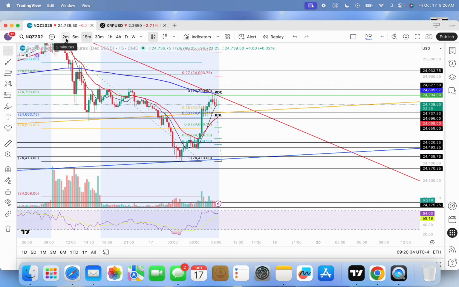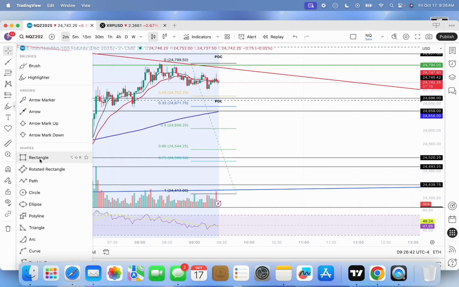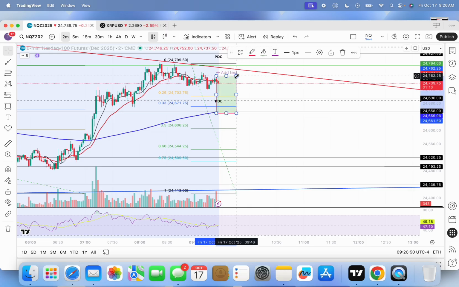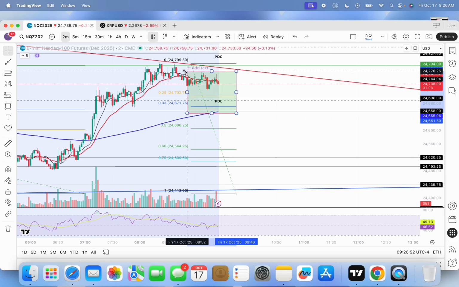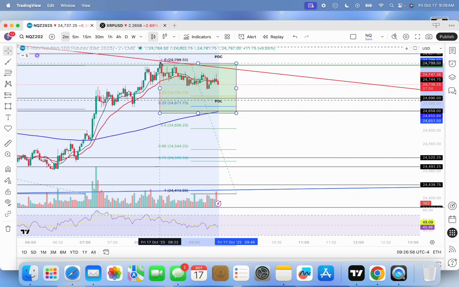We'll see. I'm going to go ahead and draw my box here, the Fab 4. That is a box around the 200, the 20, and the 9 moving average, and then price action back for 1 hour, so to 8:30.